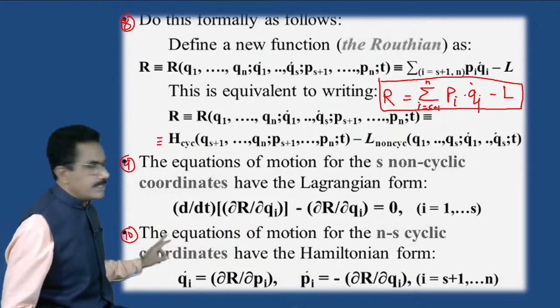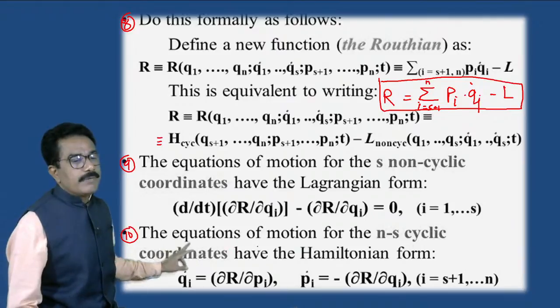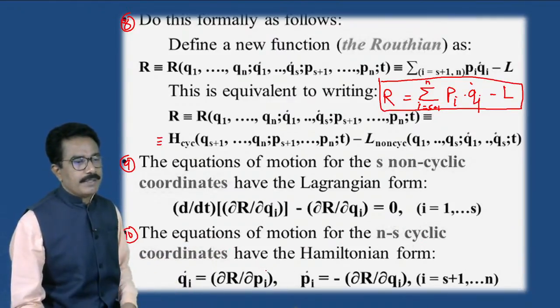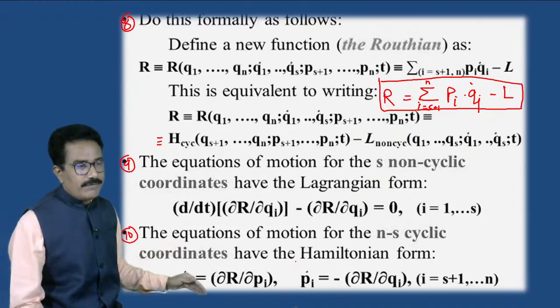Next, this is note number 10, the equation of motion of the n minus s cyclic coordinates in the Hamiltonian form.